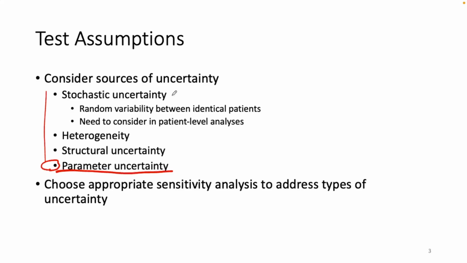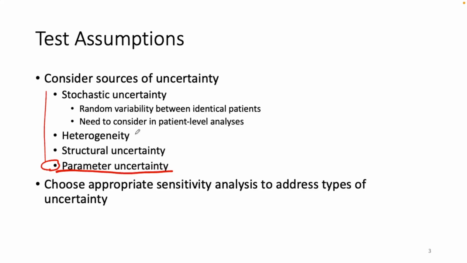That's an example of stochastic uncertainty. It's the randomness of life. Heterogeneity, on the other hand, refers to differences that patients might experience because of an important clinical difference. If you think about a randomized clinical trial, imagine the subgroup analyses that people do at the end, where they're testing whether different subgroups experience different treatment effects.